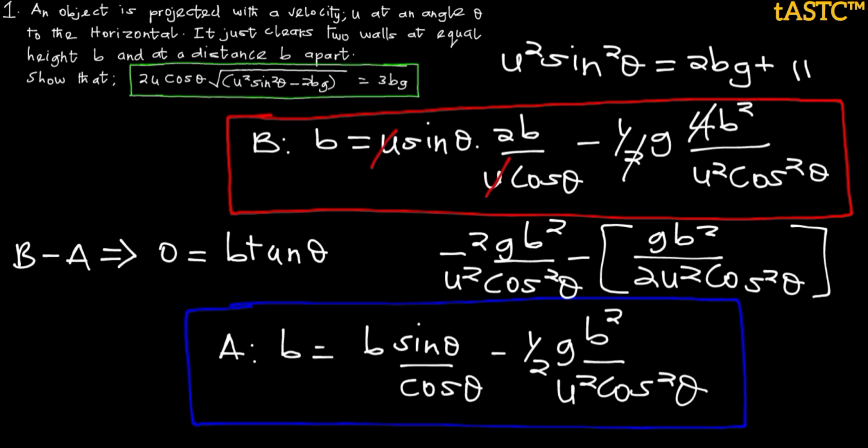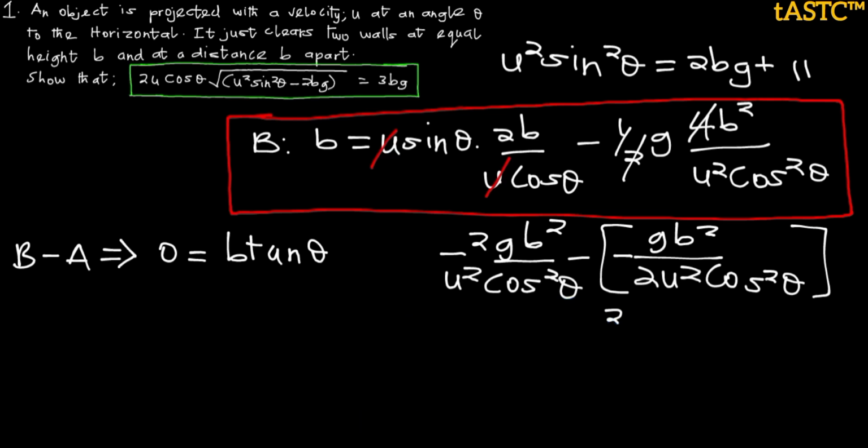Now, if we want to take this and add it to this, there is going to be a whole lot of change. So how can that work? Let us see how it's going to work. First, we know this is going to be 2gb squared divided by u squared cos squared theta.